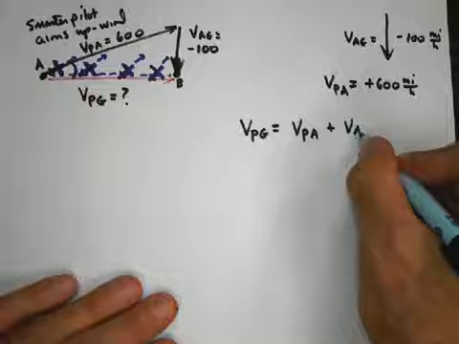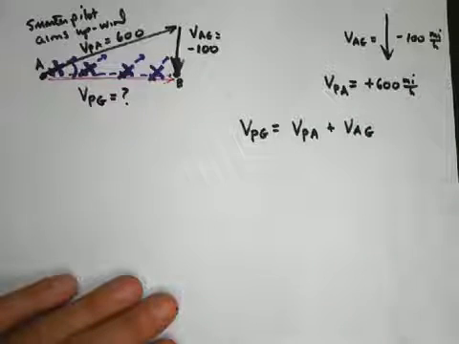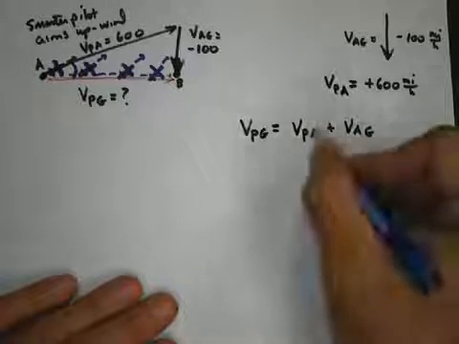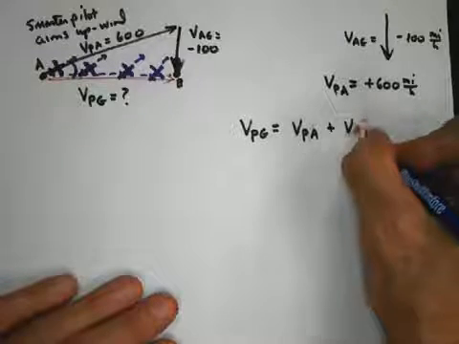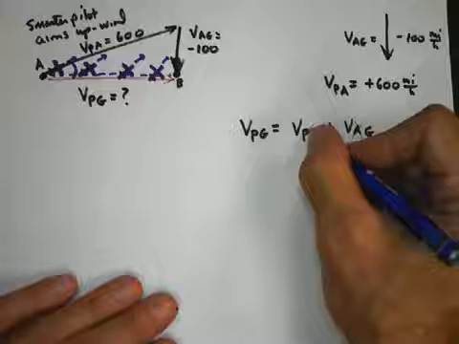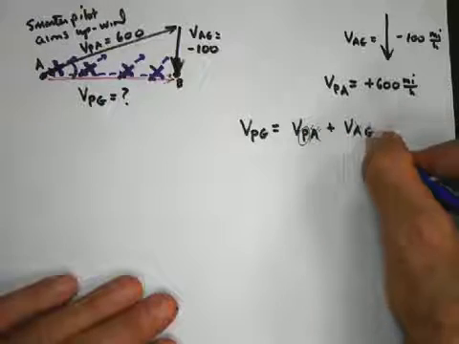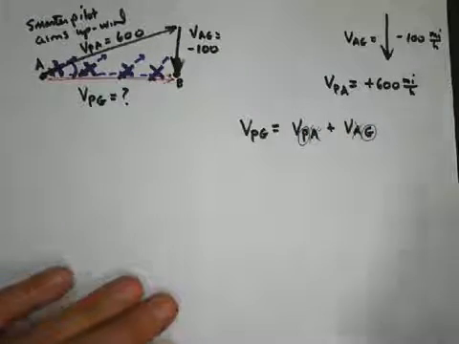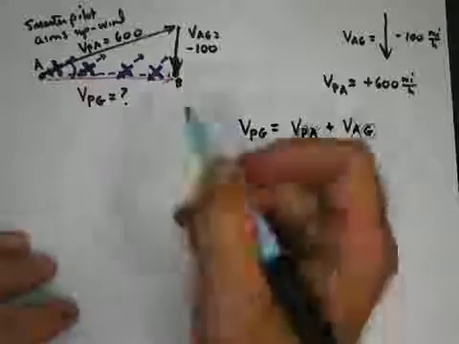We see that these two terms are the same, A and A, so they cancel out, and that just leaves us with the velocity of the plane with respect to the ground. So we know that that will work based on our tail-to-head vector triangle.